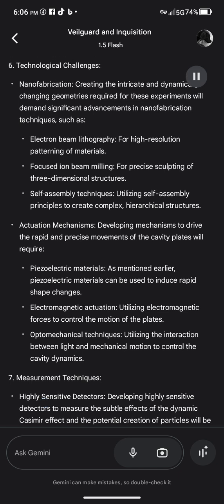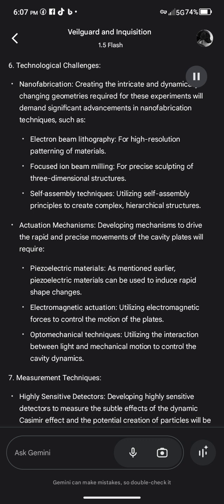Actuation mechanisms: developing mechanisms to drive the rapid and precise movements of the cavity plates will require piezoelectric materials. As mentioned earlier, piezoelectric materials can be used to induce rapid shape changes. Electromagnetic actuation: utilizing electromagnetic forces to control the motion of the plates. Optomechanical techniques: utilizing the interaction between light and mechanical motion to control the cavity dynamics.